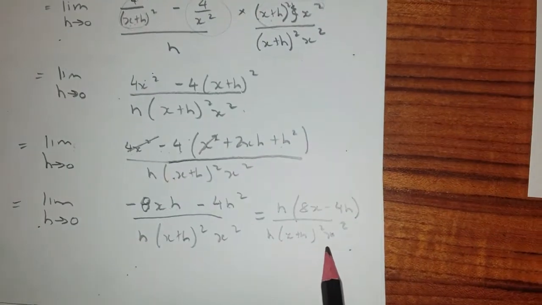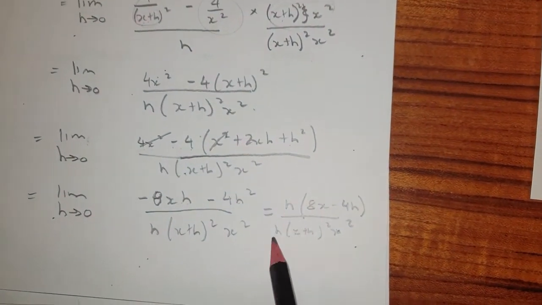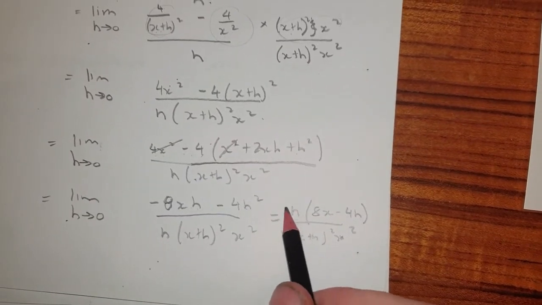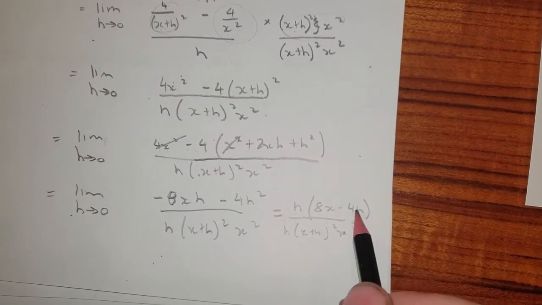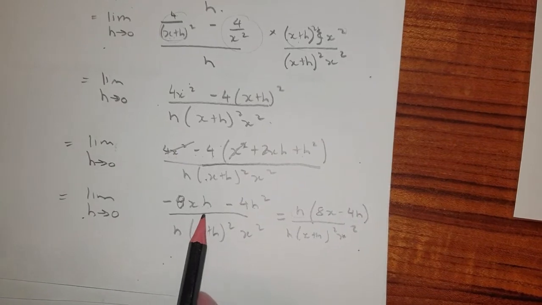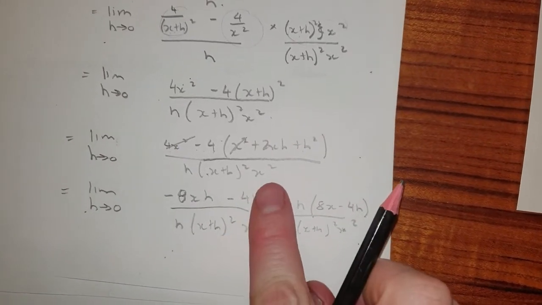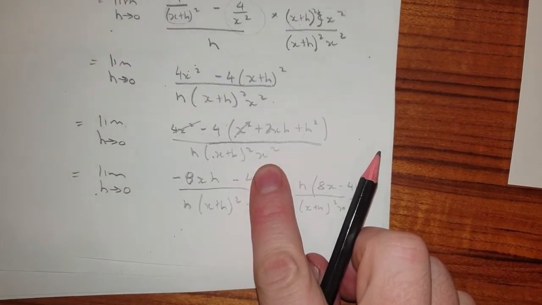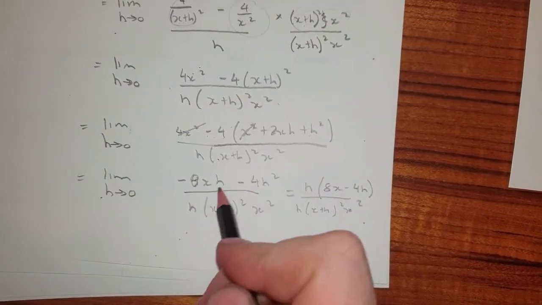Okay, so now that I've got this, I'm in the position where I've got a factor of h, and remember, a factor means that I've got one item or one term multiplied by something else. So if I had this before and I didn't have an h term here, a lot of you tend to get carried away and excited and just go for the cancel off the h.